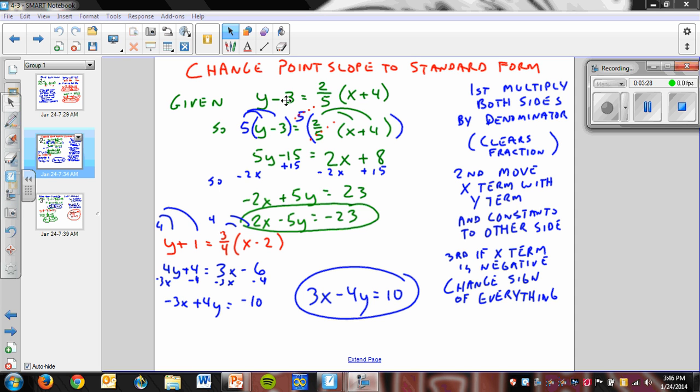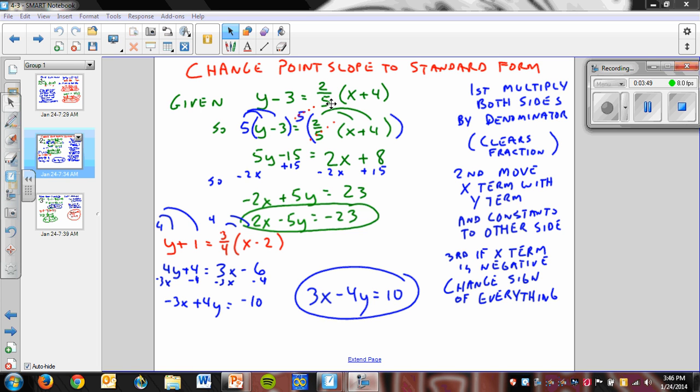So they give you y minus 3 equals 2/5 times x plus 4. Not necessarily part of this problem, but you know our y coordinate is 3 and our x coordinate is -4. So if they're looking for a point, -4, 3 will work just fine. Anyway, first thing we need to do is get rid of this fraction.